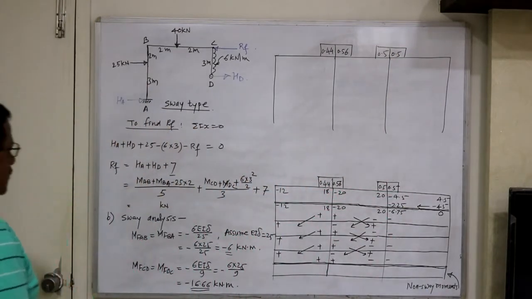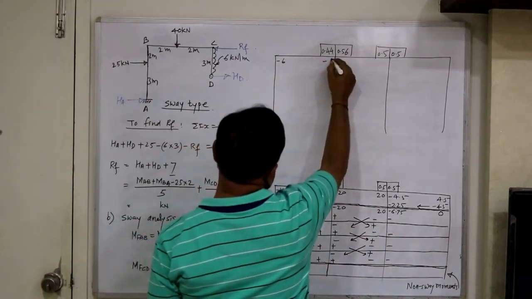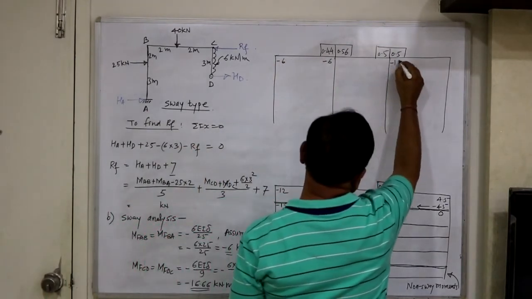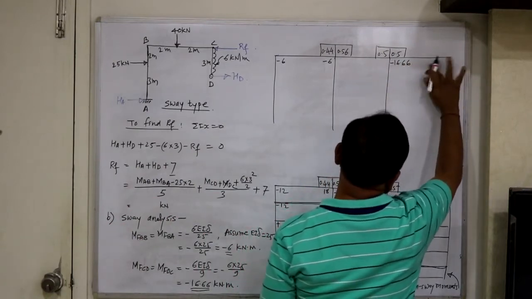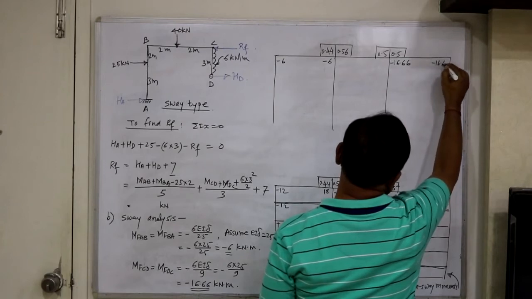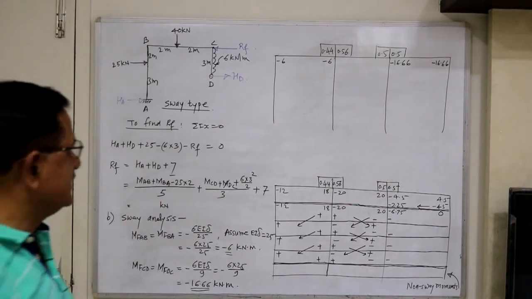And the fixed end moments at the ends of the columns: for AB it is -6 here, -6 here, -16.66, -16.66. So these are the fixed end moments due to the sway towards right.